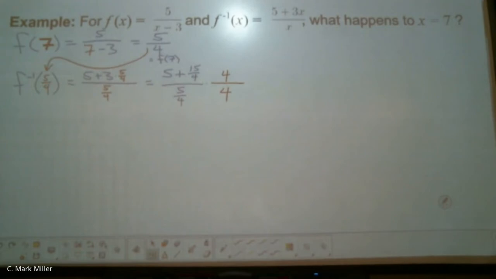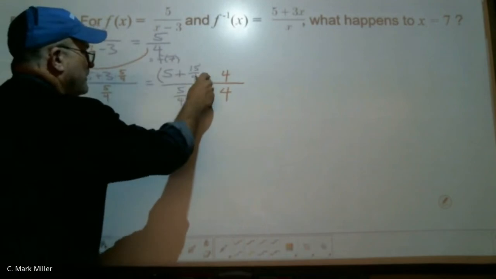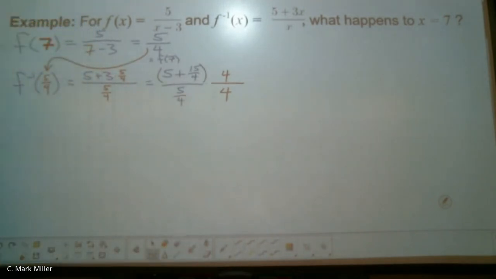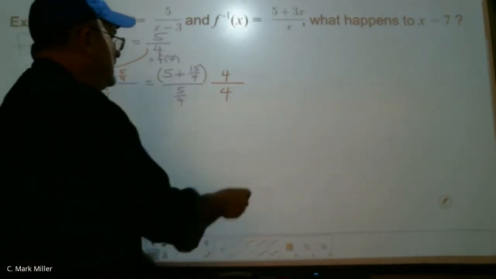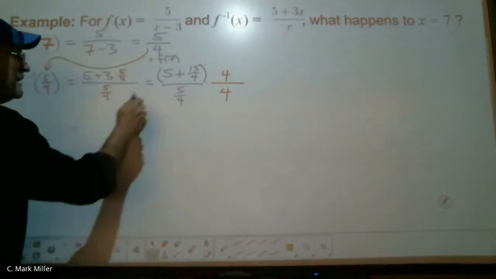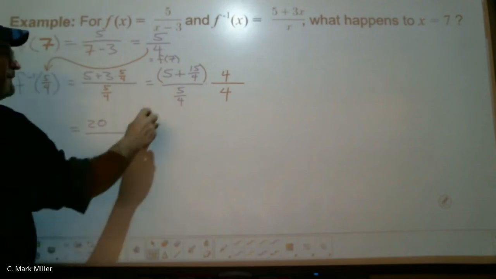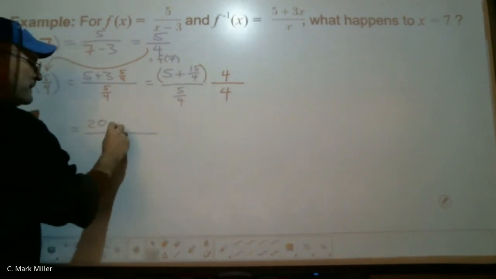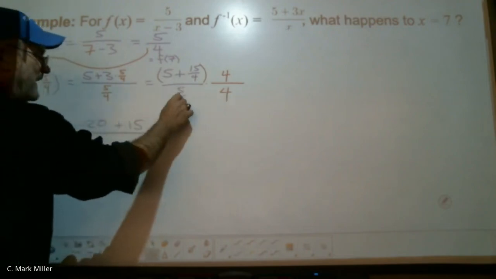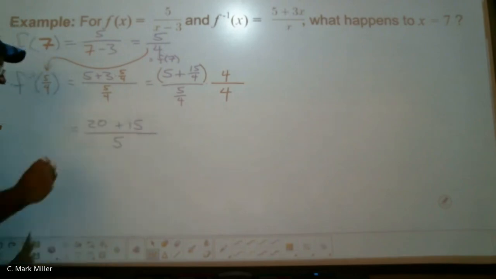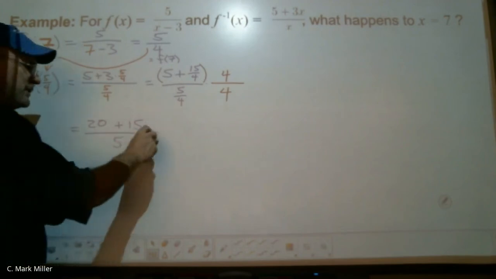Like before, let's treat that top as if it were in parentheses. So you distribute the 4. 4 times the 5 is 20. 4 times 15/4 is 15. 4 times 5/4 is 5. That equals 35/5.